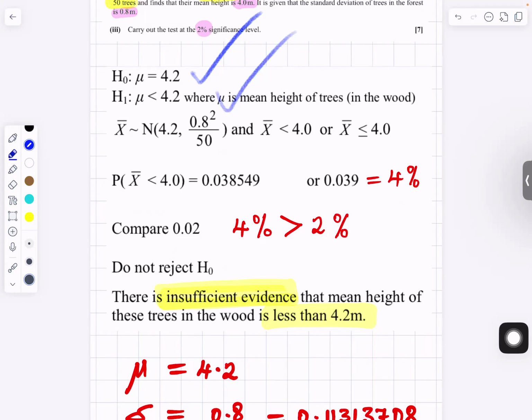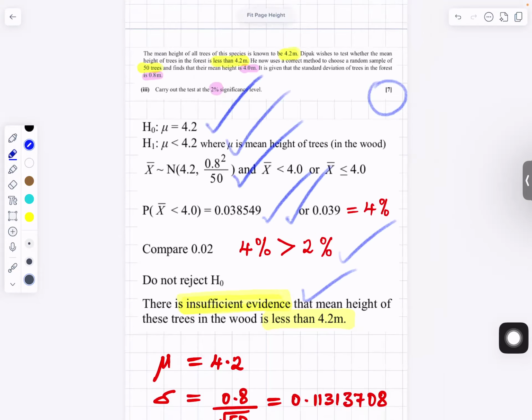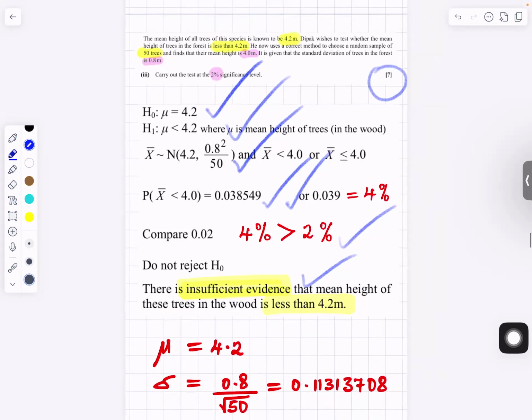You tell them it's sample mean and you put this in normal distribution, another mark. You work out this probability, that's 4, 5 marks. And then when you compare, I think that was 6, and then the conclusion, 7 marks. That's how you pass exams. You can look at the mark scheme, you will see exactly what I've just shown you here.